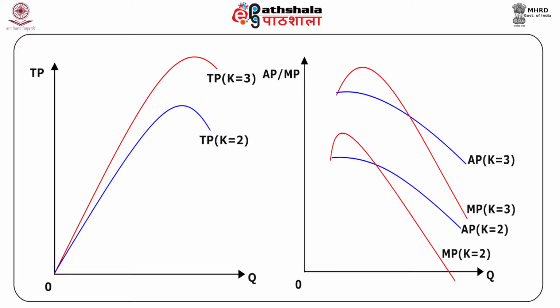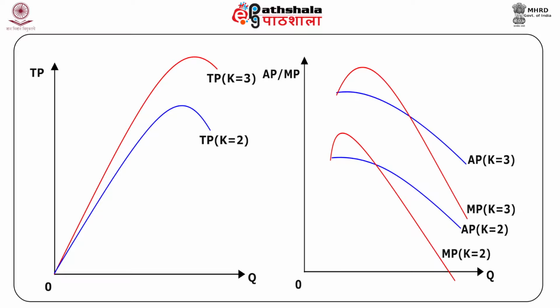This is given in figure 1a. In this case, the associated shifts in the average product and the marginal product curves are depicted in figure 1b. Figure 1a and 1b. Shift in total product, average product and marginal product curves when capital changes.